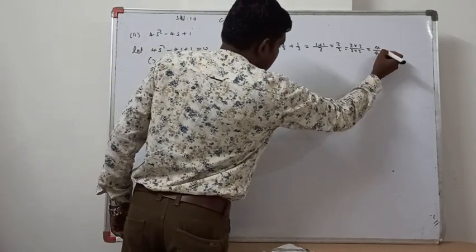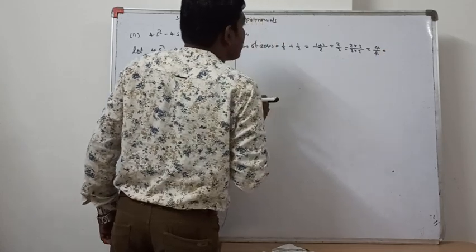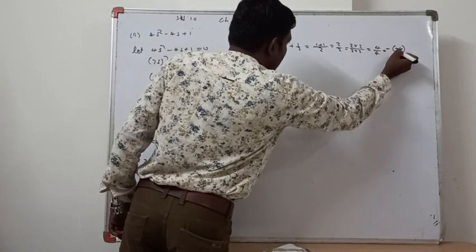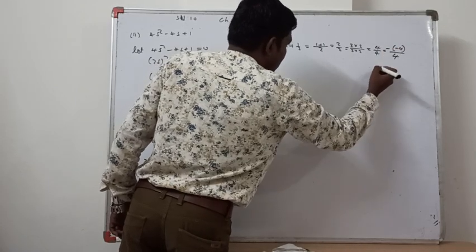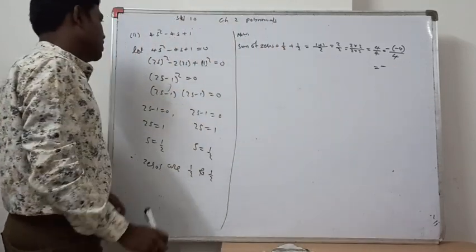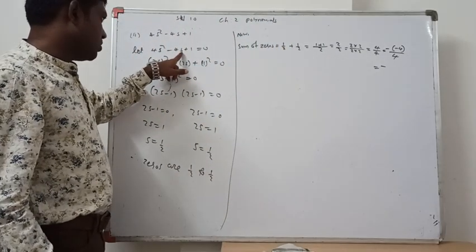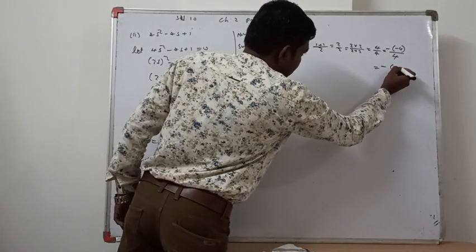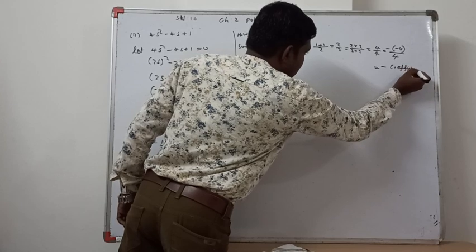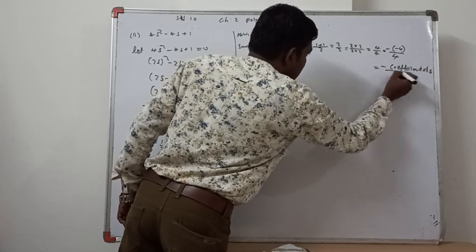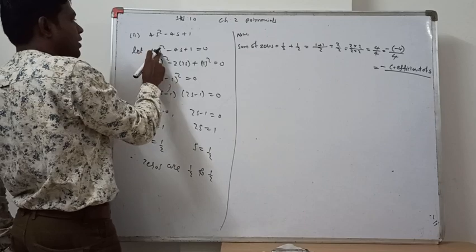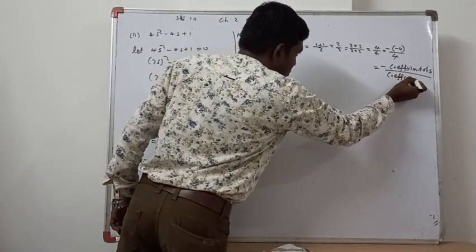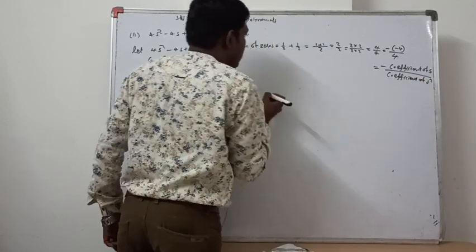Now over here we also want minus. So minus, again minus 4 divided by 4. So now this is as it is, minus. Now minus 4 is what? Coefficient of what? S. This minus 4 is coefficient of S. Coefficient of S upon 4. 4, that is coefficient of what? S square.